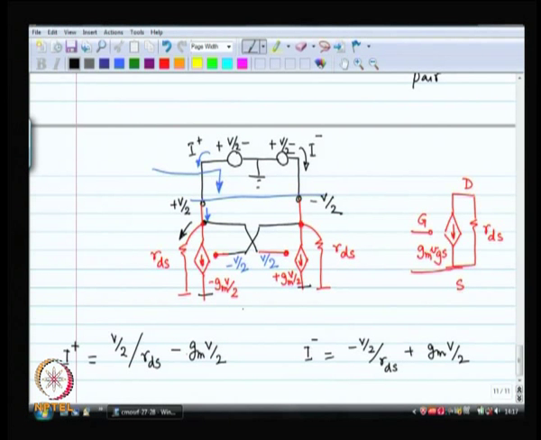Which means that if I had put the other direction for I minus, then no current goes into the ground. This current is 0, which is wonderful, right.